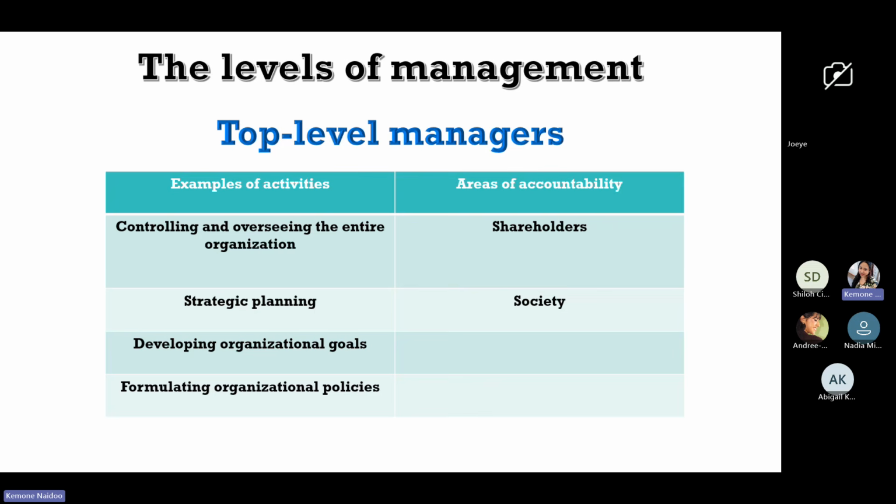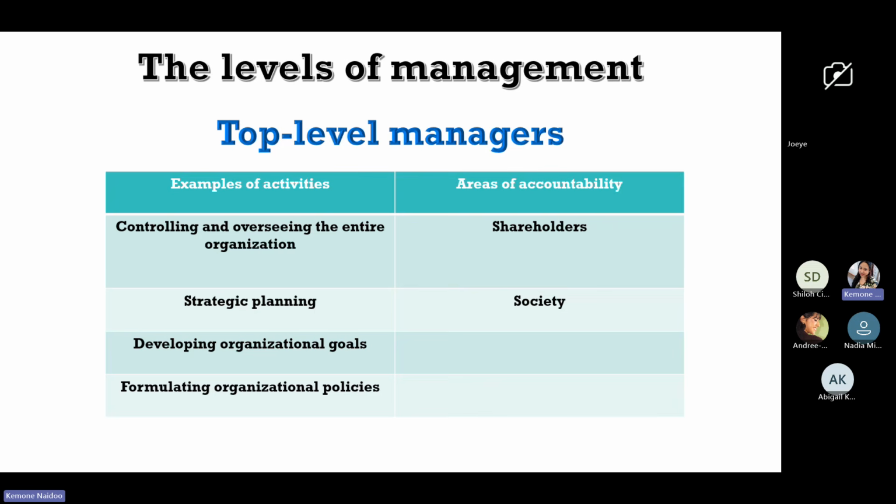Top managers are the ones who create that vision statement and also the mission statement. They will pass these bigger goals and objectives down to middle level management. Middle level management will then break these up into smaller, more achievable goals and objectives within each of their departments.